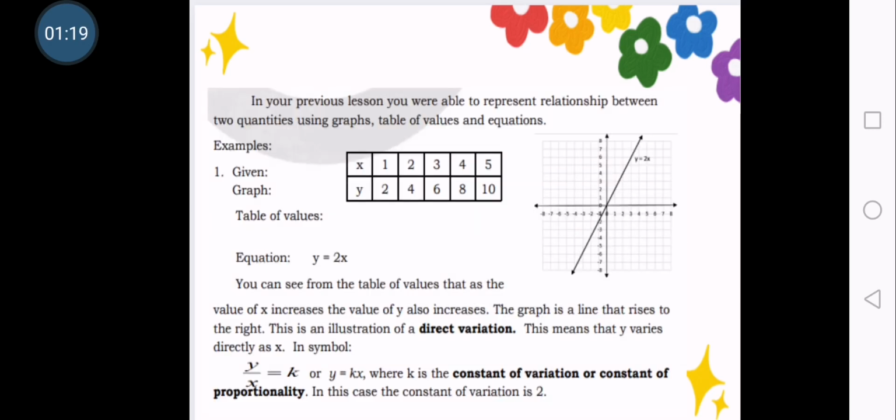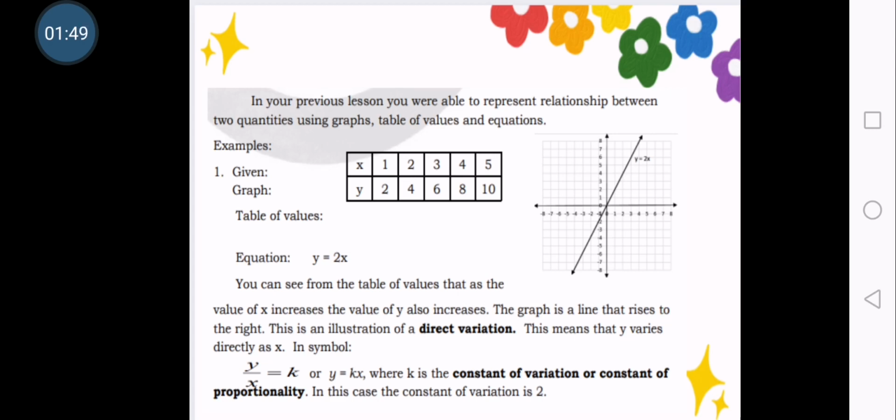Yan. So, sa mga previous lessons natin, nire-represent po natin ang relationship between the two quantities which is x and y by using a table of values, kagaya na nakikita natin. Pwede din pong graphs or equations. So, dito po, mapapansin natin, habang lumalaki ang value ni x, lumalaki din ang value ni y. And ang equation nito is y is 2x.